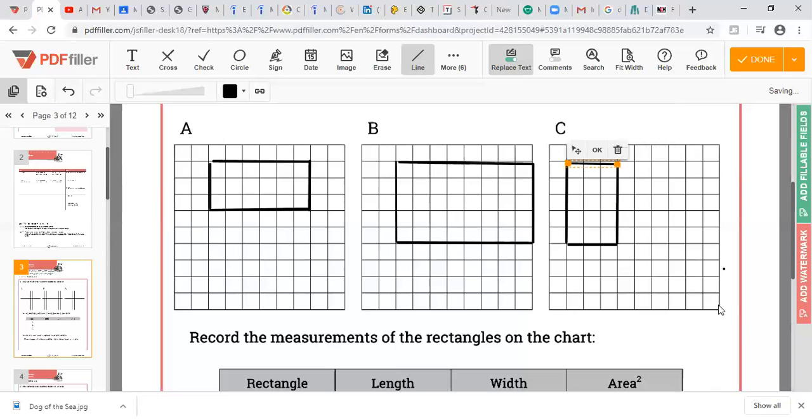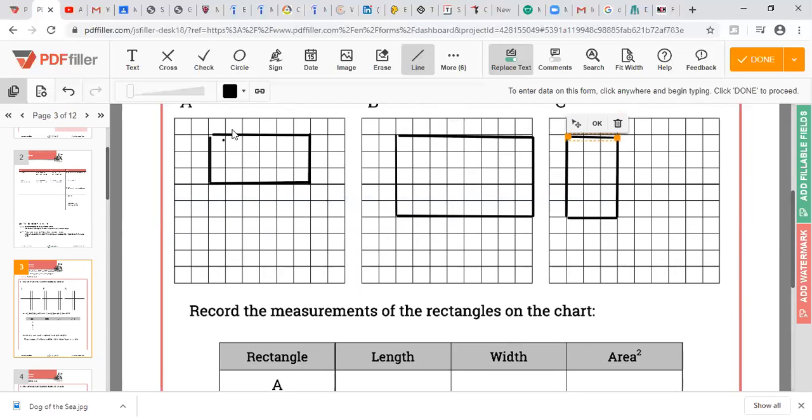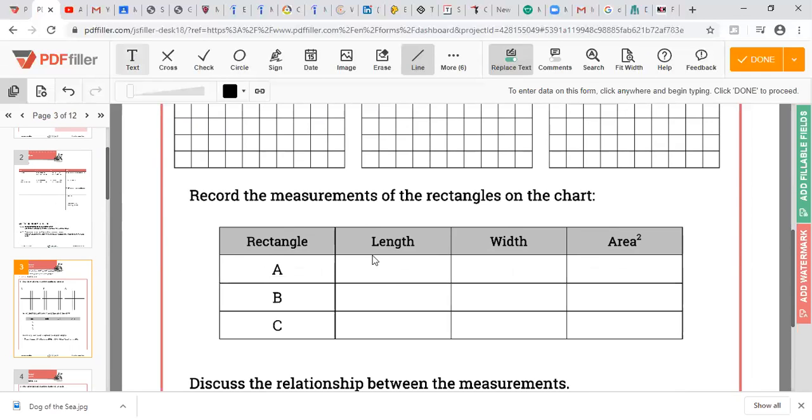Okay, boys and girls. So here I have drawn 3 different rectangles. Now we're going to take a look at each of the lengths and the widths. Remember, the length is the longer side and the width is the shorter side. So for rectangle A, my length is 1, 2, 3, 4, 5, 6. It's 6.